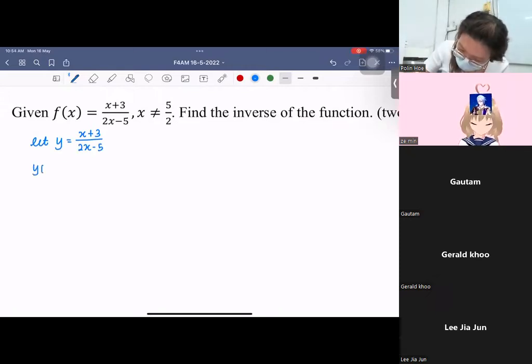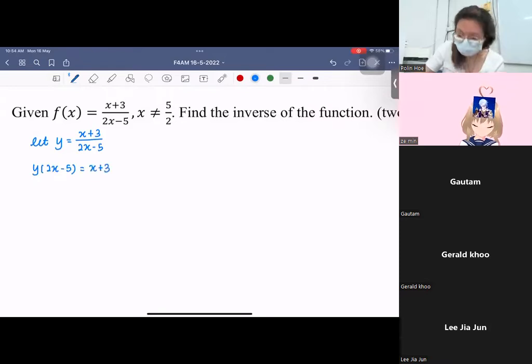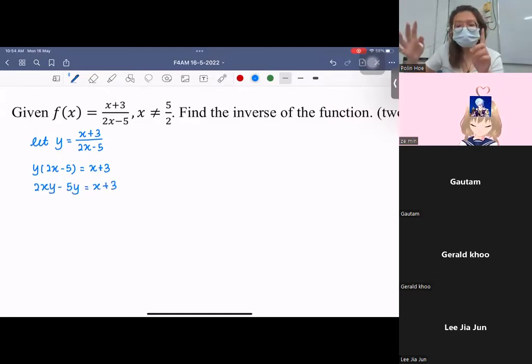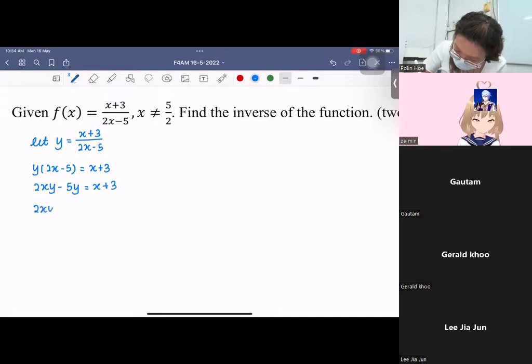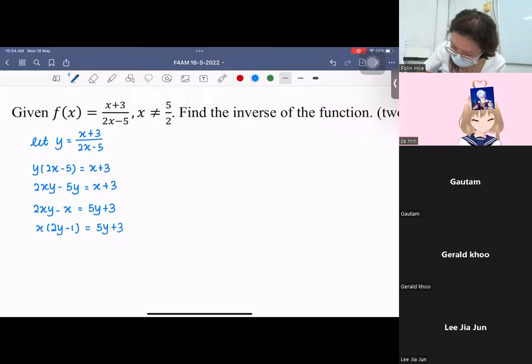So y(2x minus 5) equals x plus 3. Don't skip steps. Expand: 2xy minus 5y equals x plus 3. Move everything with x to the left-hand side: 2xy minus x equals 5y plus 3. Then factorize: x(2y minus 1) equals 5y plus 3.